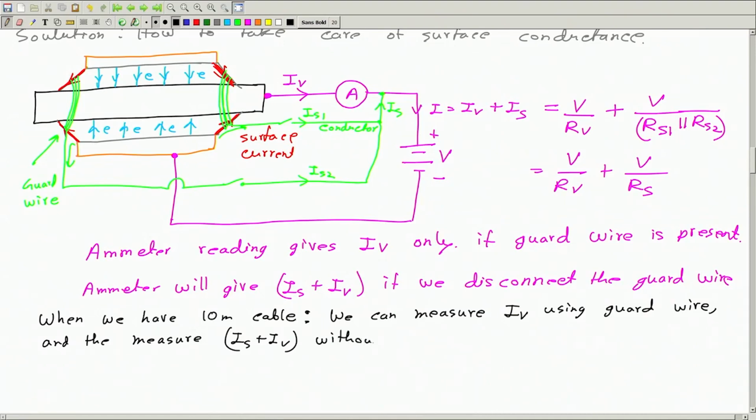So without the guard wire, call this I, and then we can find the value of IS like this.